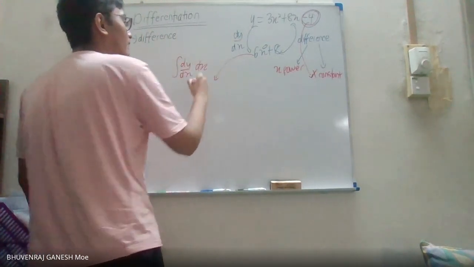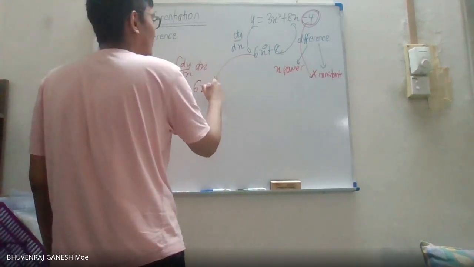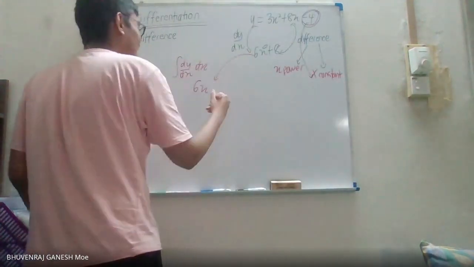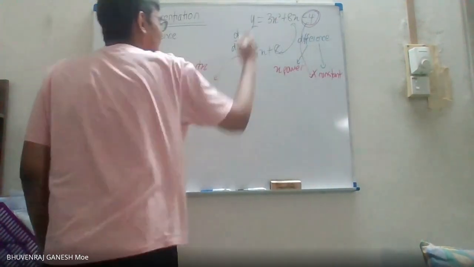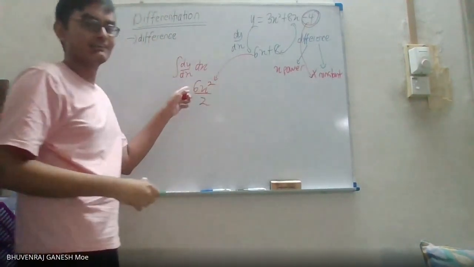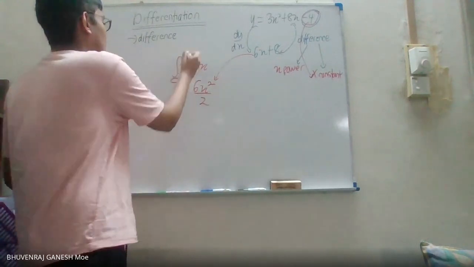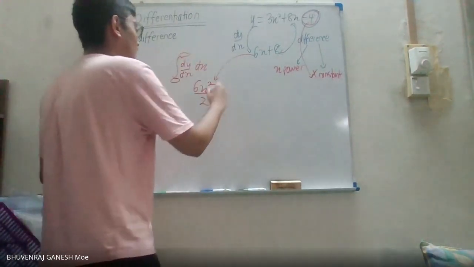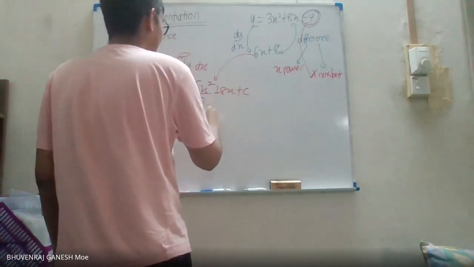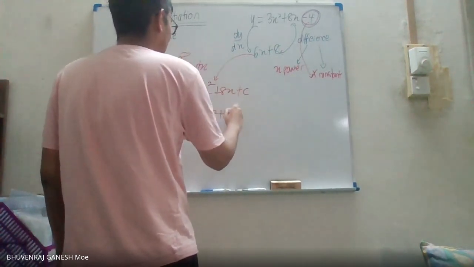We will get back 6x squared over 2. It's an indefinite integral because there are no limits. Then plus 8x, then plus c. So you will get 3x squared plus 8x plus c.